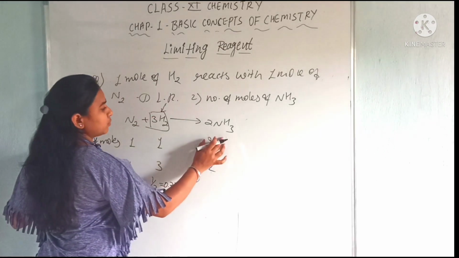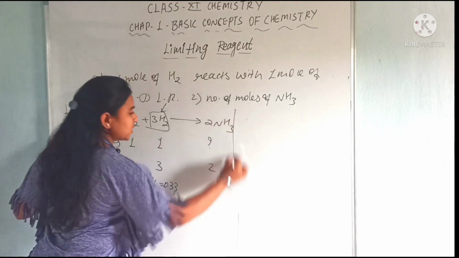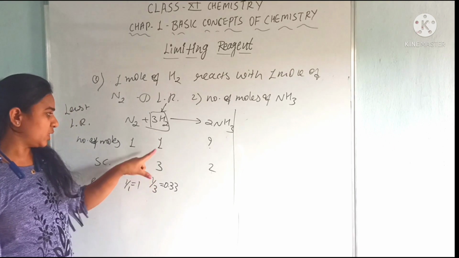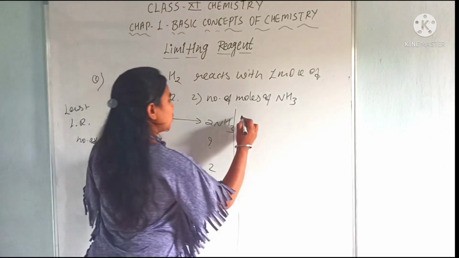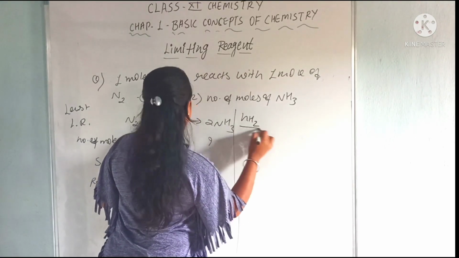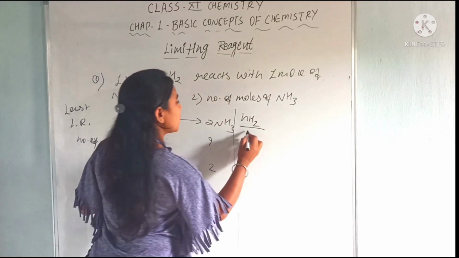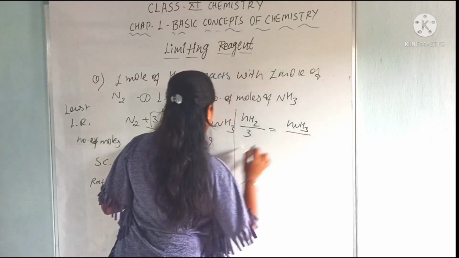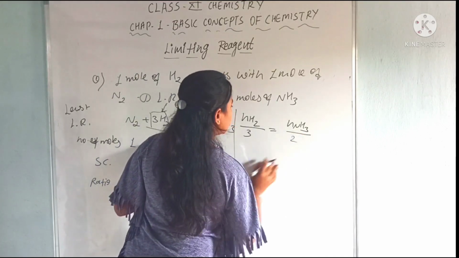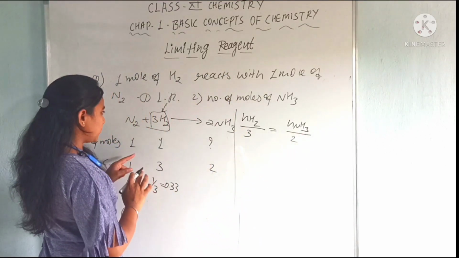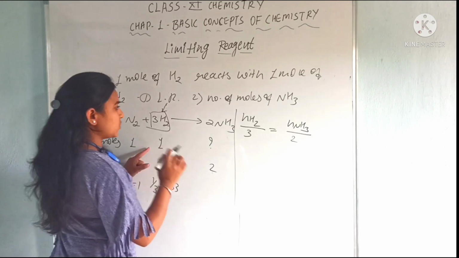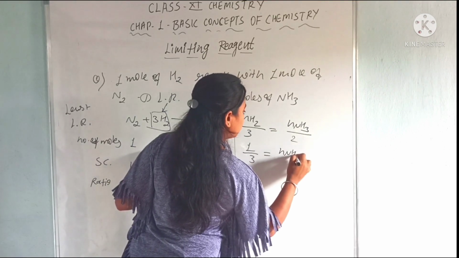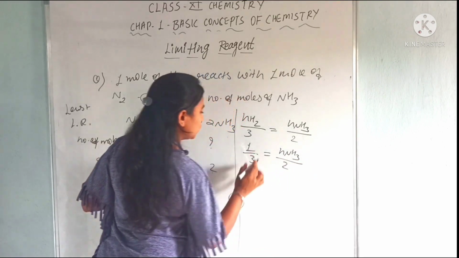And we have to find the number of moles of ammonia. Number of moles of the limiting reagent H2 divided by its stoichiometric coefficient 3 equals the number of moles of ammonia divided by its stoichiometric coefficient 2. The number of moles of H2 is 1, so 1 by 3 equals the number of moles of ammonia by 2.